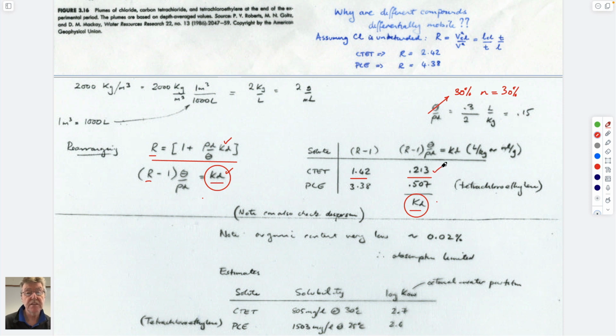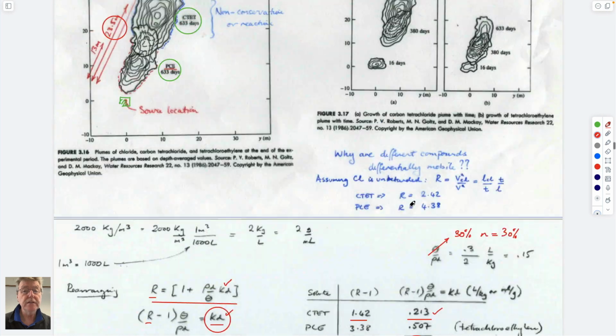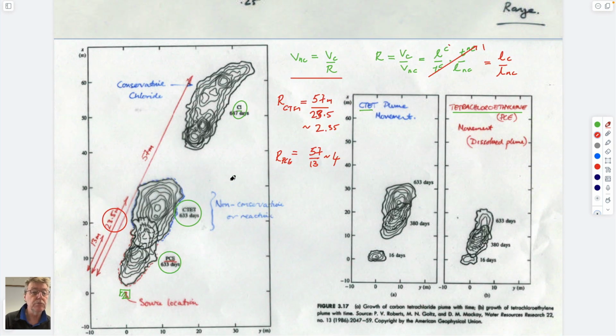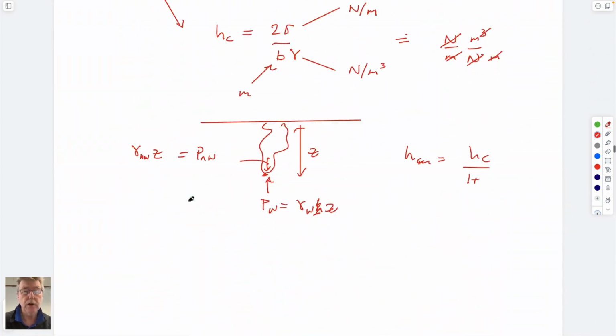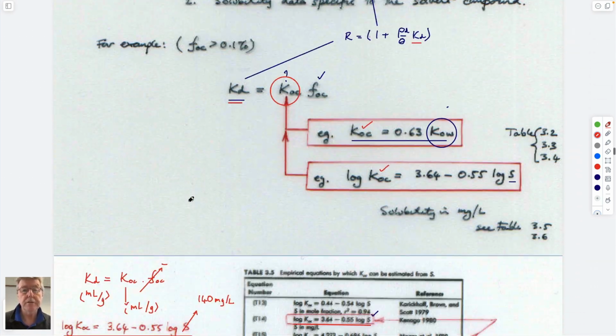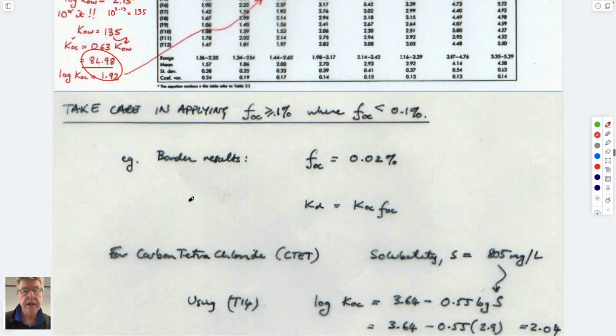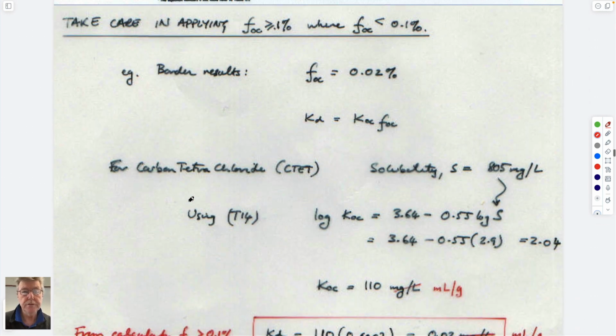So this presumably is a real number because it's taken from a real aquifer and is representative of all the processes that are going on. And also it's a natural gradient experiment where it's moving at the in situ gradient, not being pumped. And so we might expect it to be quite representative.